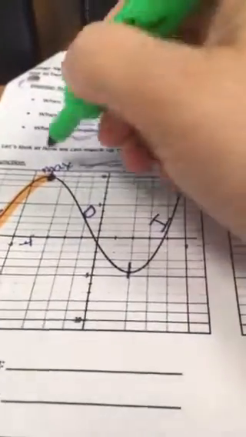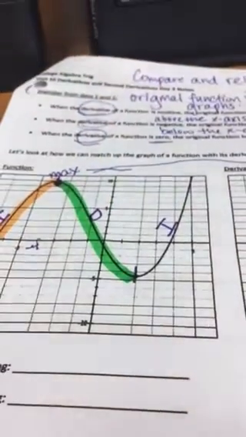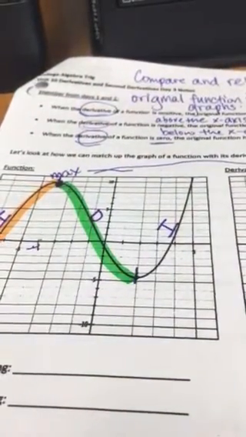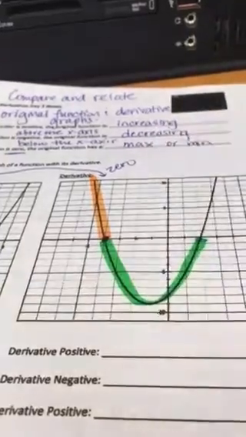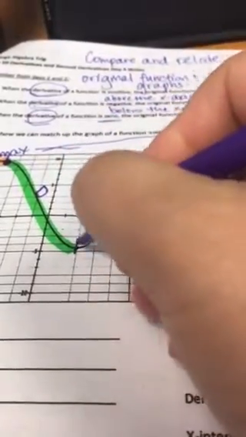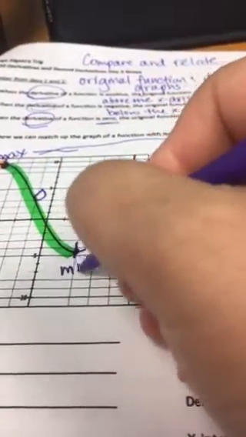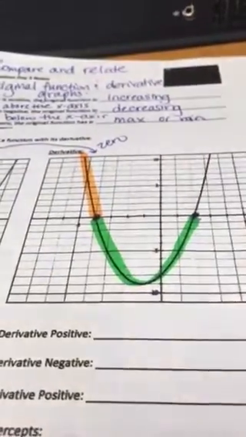Now the original function then takes a turn and goes down, or decreases, to there. And so when it's decreasing, the derivative is underneath the x-axis until we get to a min here. So that's at 2 on the x-axis.